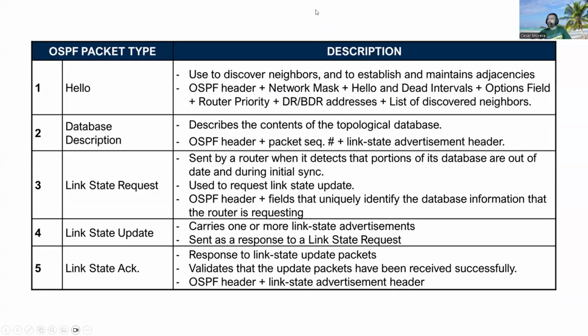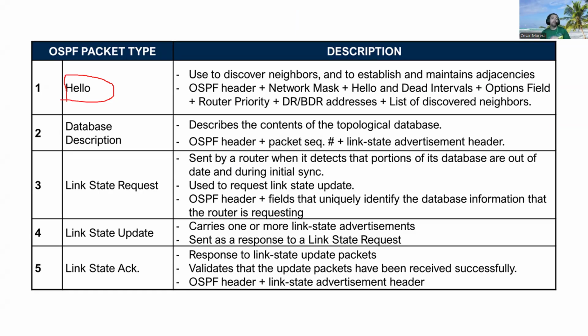So now we have the definitions of each of those. Hello. What do we mean by hello? It is used to discover neighbors and to establish and maintain adjacencies. It contains the OSPF header, network mask, hello and dead intervals, options field, router priority, DR and BDR addresses, and the list of discovered neighbors.